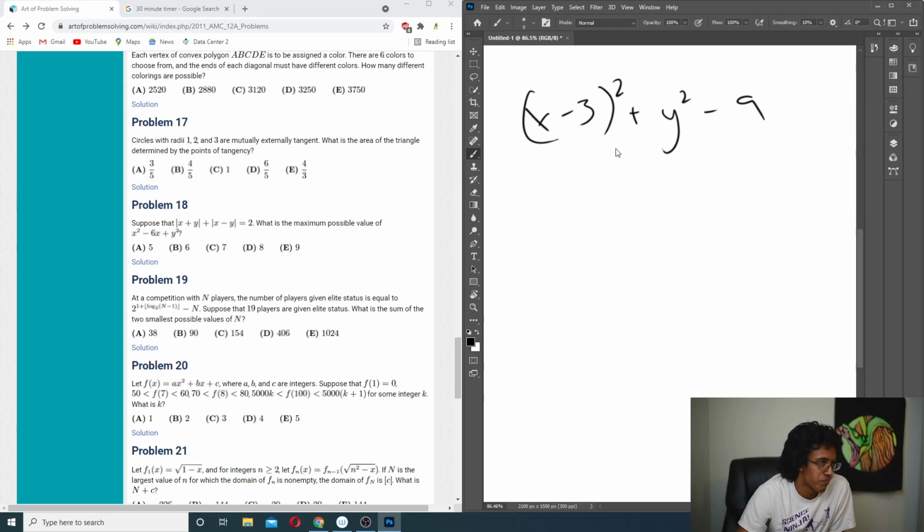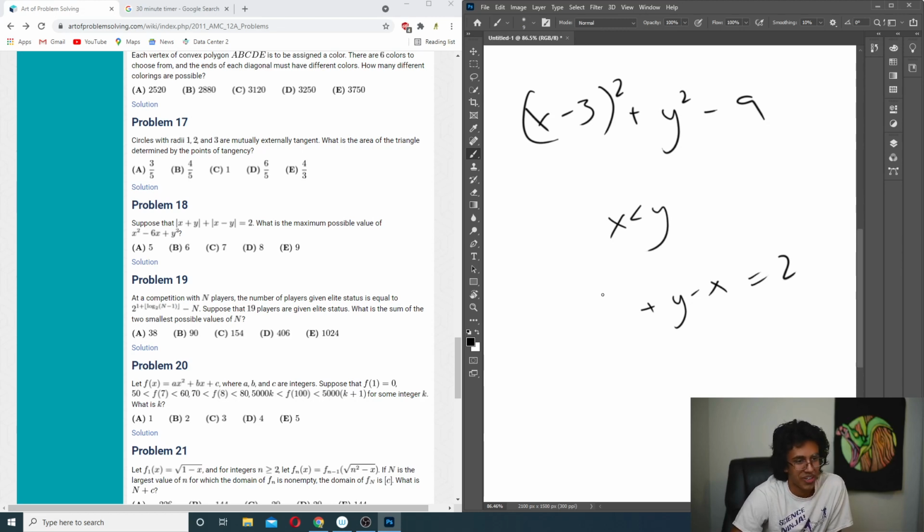Okay, so x is probably less than y then, right? I'm assuming. Because you want the 6x to be positive, and then in that case we basically have plus y minus x over here equals 2, and then x plus y, do we know whether that's going to be negative or positive? I have no idea. Let us see.